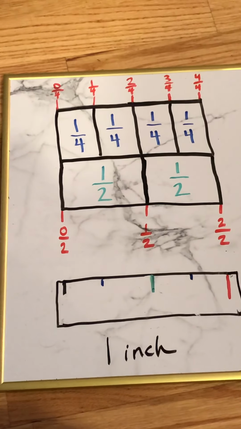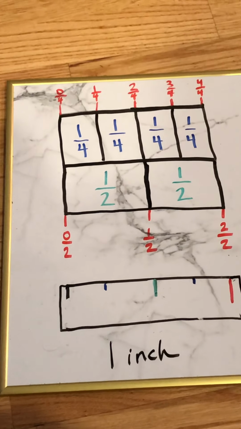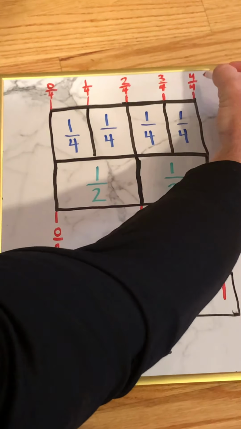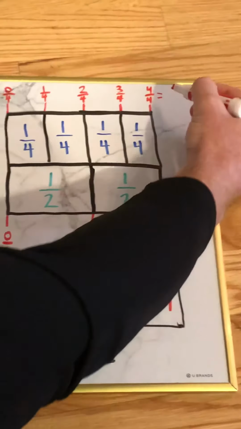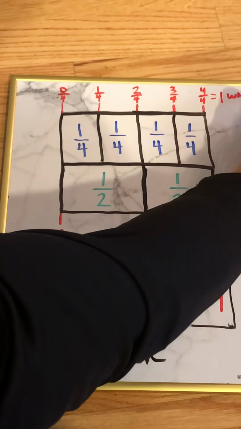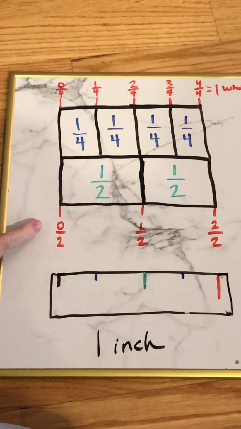Now, when the numerator and the denominator are the same, for example 4/4, what is that equal to, everybody? 4/4 is equal to 1 whole. Okay, as we remember, 1 whole. Now down here, I want to take the same steps.